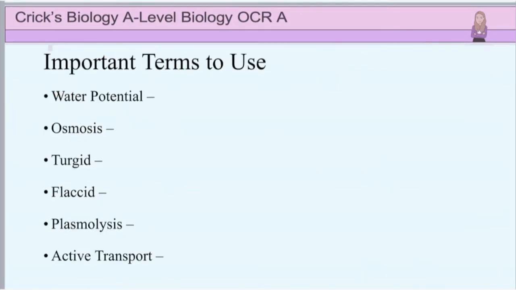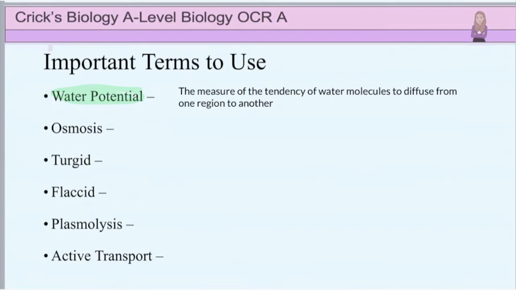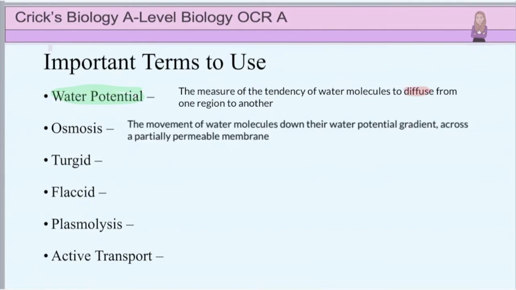There are some really important terms to use when you're discussing the movement of water through the plant. The water potential is the measure of the tendency of water molecules to diffuse from one region to another. Osmosis is the movement of water molecules down their water potential gradient across a partially permeable membrane. A turgid cell is when the plant cell is full of water.